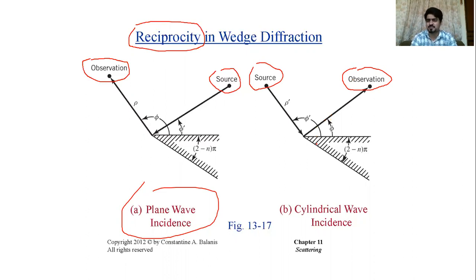As a result, that will create a cylindrical wave incidence. And now your observation point is in the far field. So again, these problems are equivalent to each other using reciprocity in the wedge diffraction.